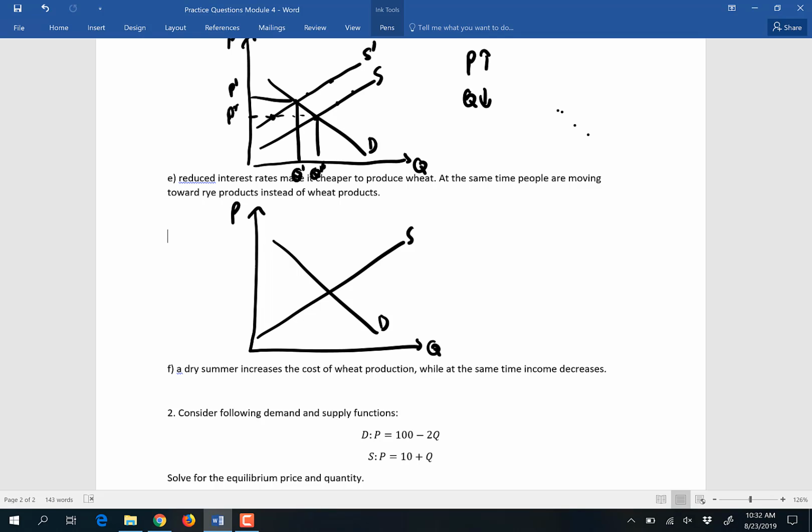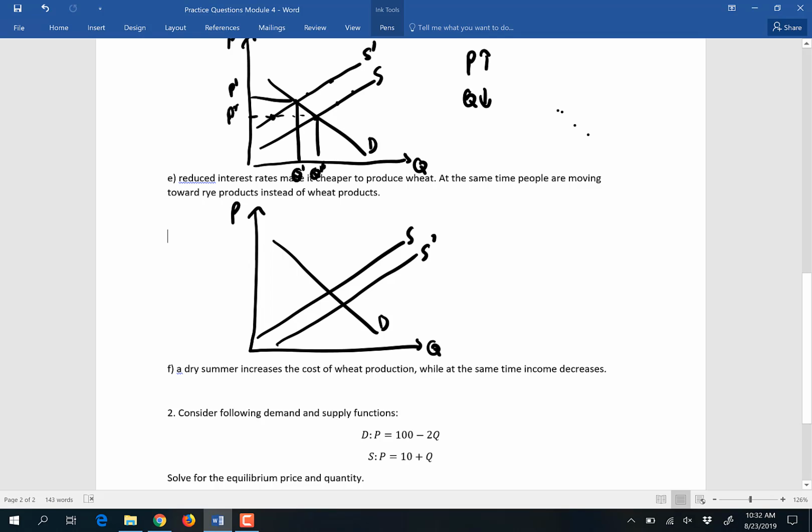And even if you have your money, how does the interest rate matter? Well, here the concept of opportunity cost is relevant, because you could do something else with the money if the interest rate was higher. So you could lend it to somebody else at a higher interest rate, for instance. And so no matter what, the interest rate should play a role. And a reduced interest rate implies that production gets cheaper. So we have S prime.